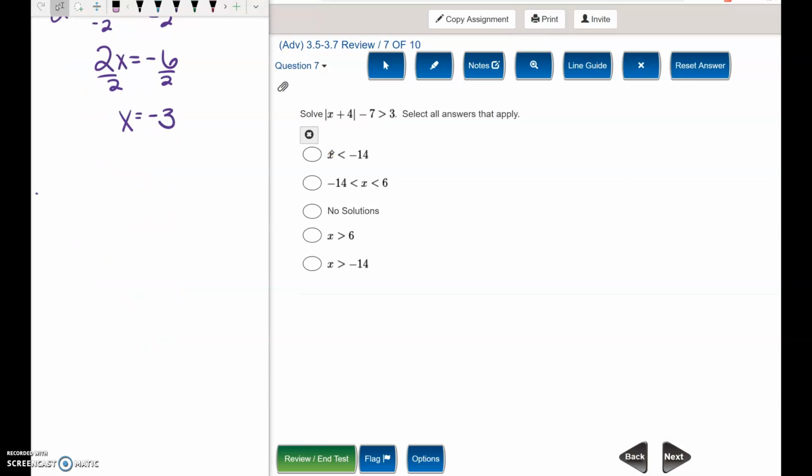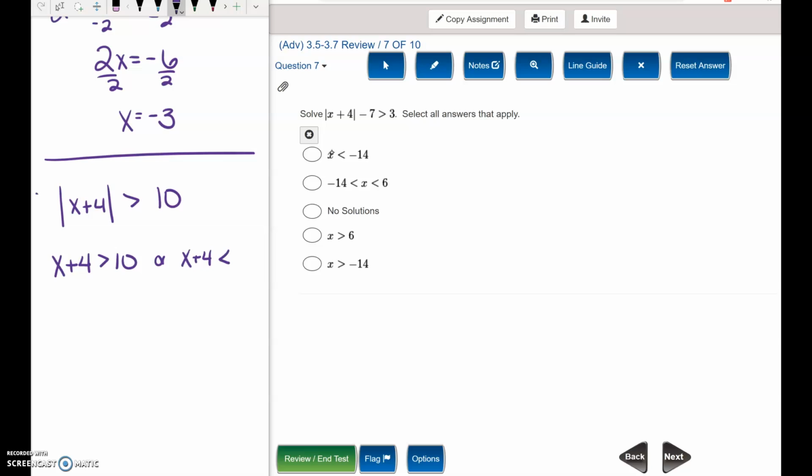Okay, greater than. The first thing we need to do is add 7 on both sides. That would give us absolute value of x plus 4 is greater than 10. This is great-or. Great-or means that one of our inequalities looks exactly the same. The other one, we flip the sign and take the opposite of the right side.